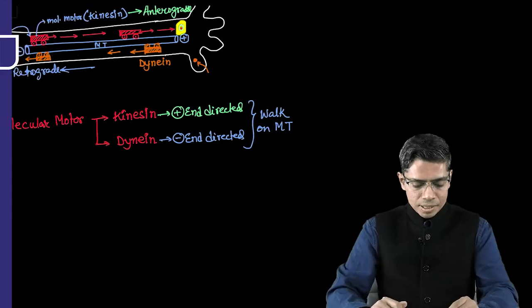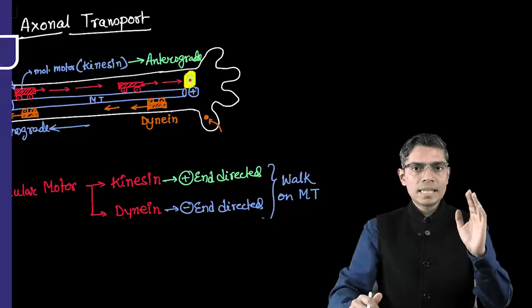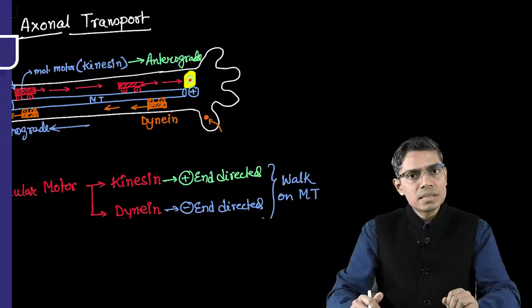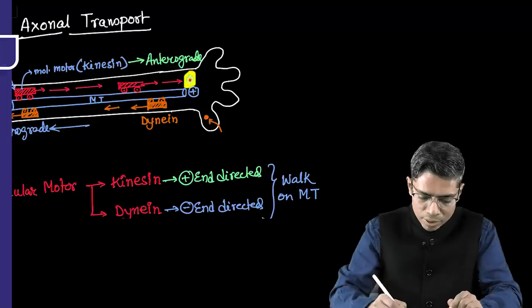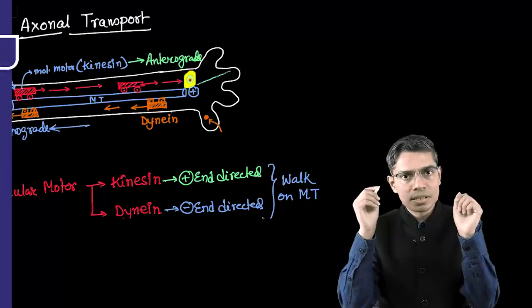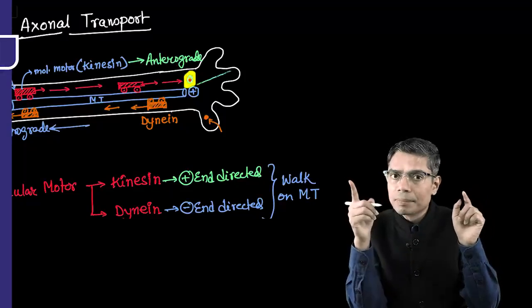But you must have noted that I already said kinesin will bring the vesicle up to the end of the microtubule. But the question is, how will this vesicle move from the end of the microtubule up to the region of the cell membrane? There is again a long distance from the end of the microtubule up to the cell membrane.